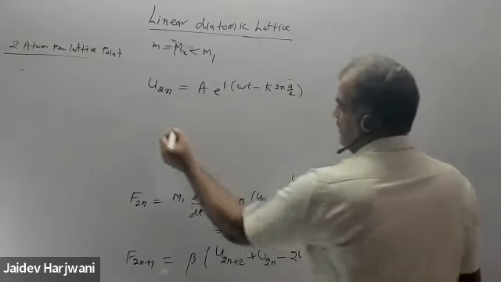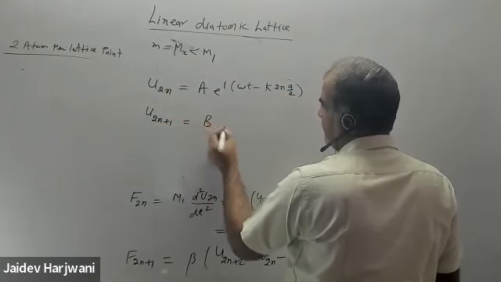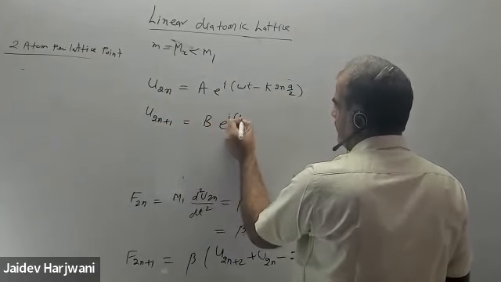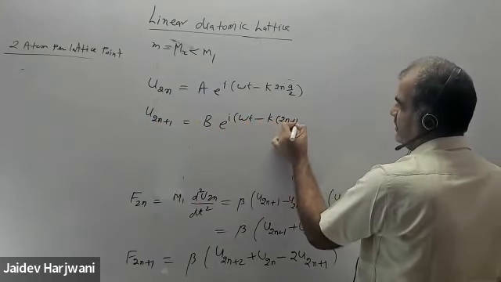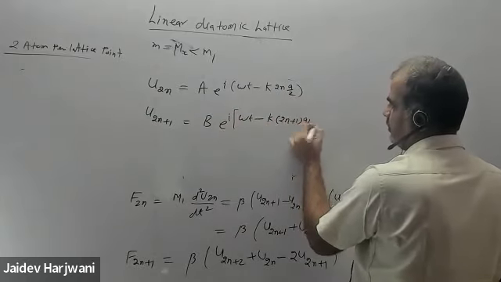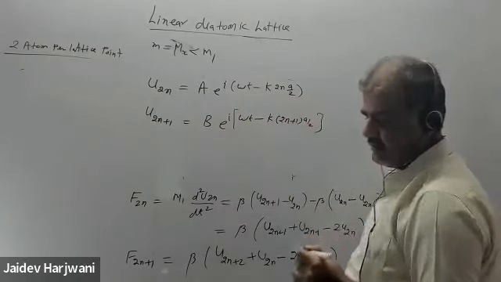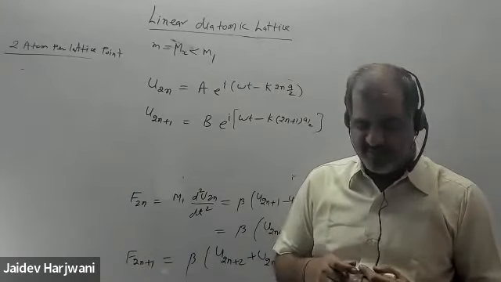And what will u2n plus 1 be? I am writing B e to the iota (omega t, k times 2n plus 1 times a by 2). Now both the atoms are different, but they are moving with the same frequency.